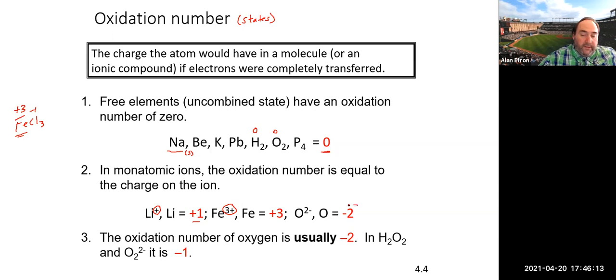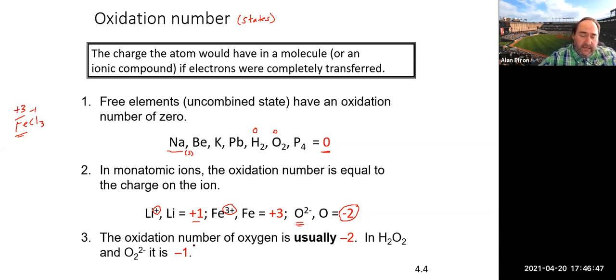Oxygen is a really good place to start. Usually when you're assigning oxidation states or oxidation numbers, you're dealing with redox reactions. Oxygen is found in these situations a lot, and it is -2. So oxygen is usually a very good place to start when you're assigning oxidation numbers, and it's usually -2. There is an exception, and that exception is peroxide.